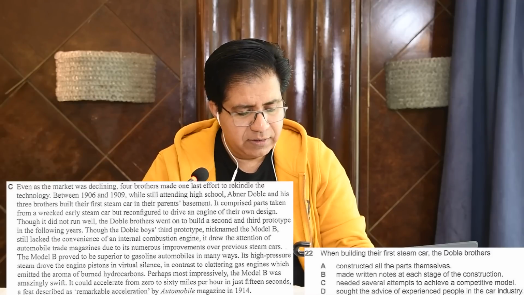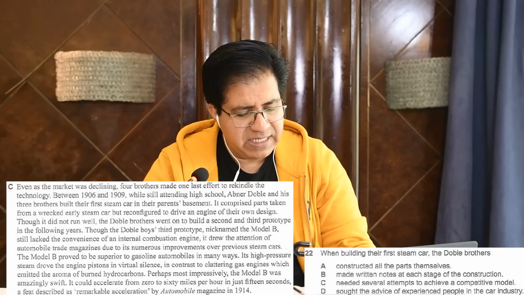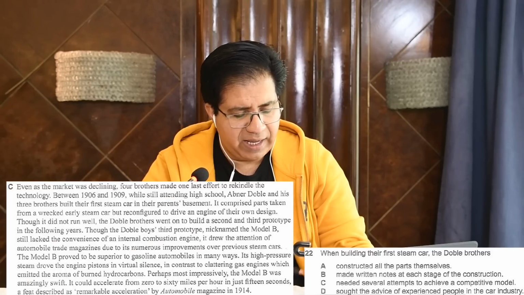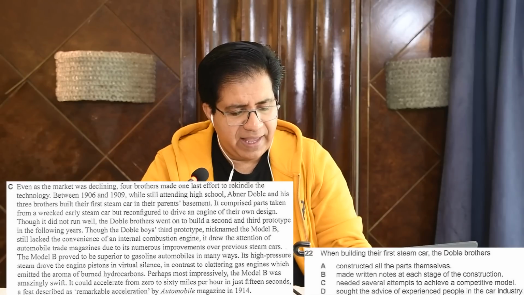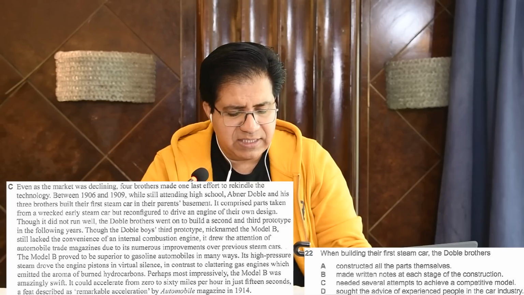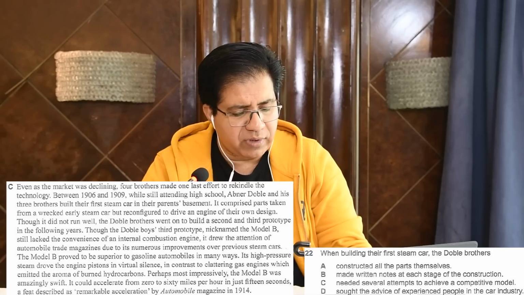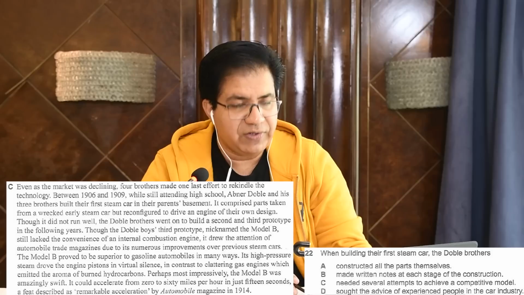Question number 22. When building their first steam car, the Double brothers. Now, the clue word is first steam car. What is it that they did? Okay, paragraph C, fifth line. Though it did not run well, the Double brothers went on to build a second and third prototype in the following years.